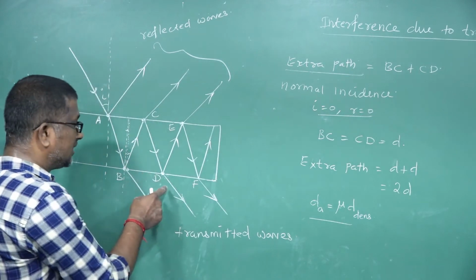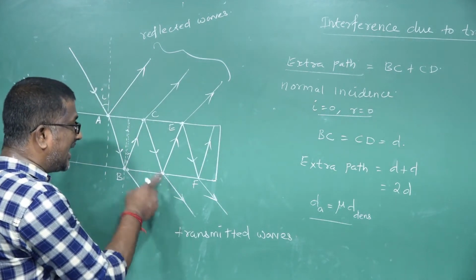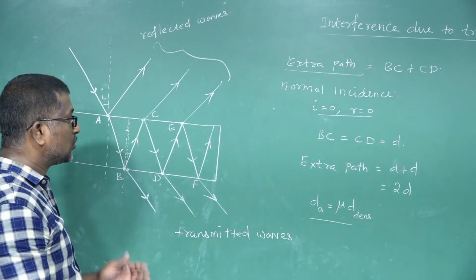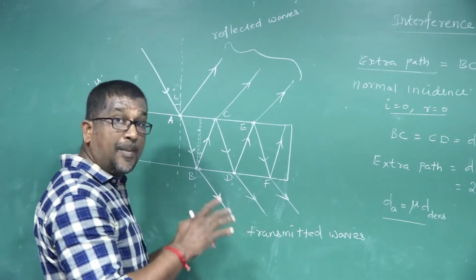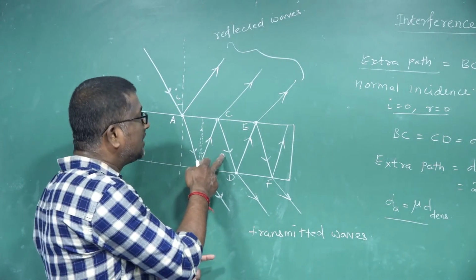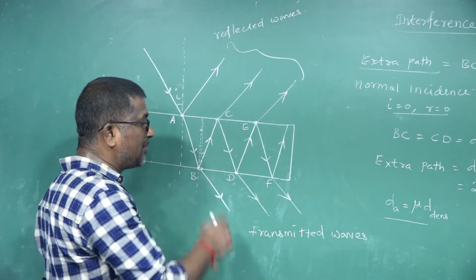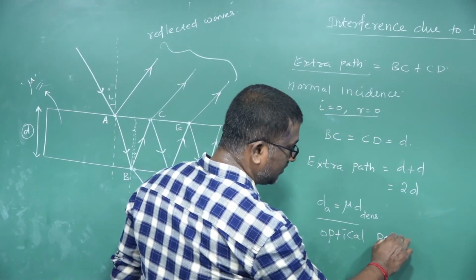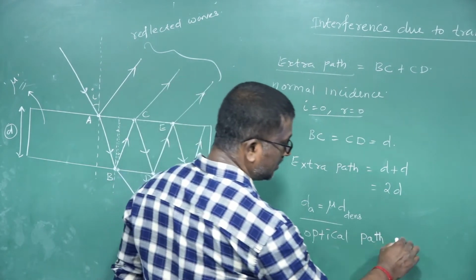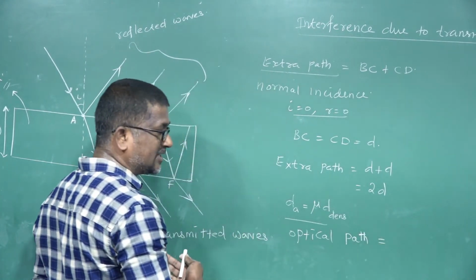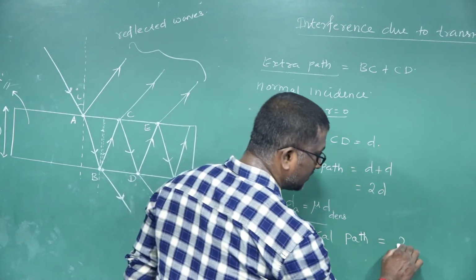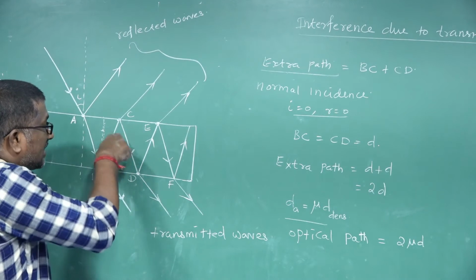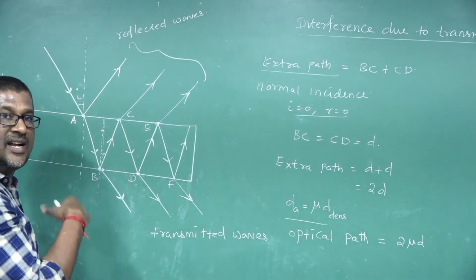Right? Here the transmitted ray from the point D actually travels in the denser medium. So therefore the optical path covered by the transmitted wave from the point D becomes 2 mu d, because this transmitted wave travels in the denser medium.